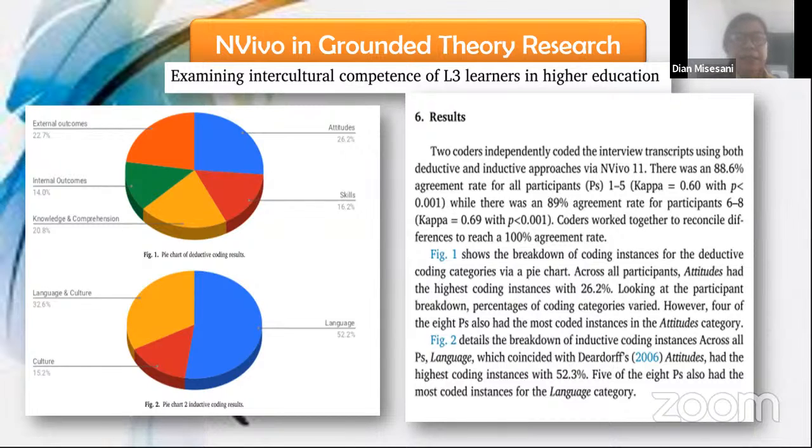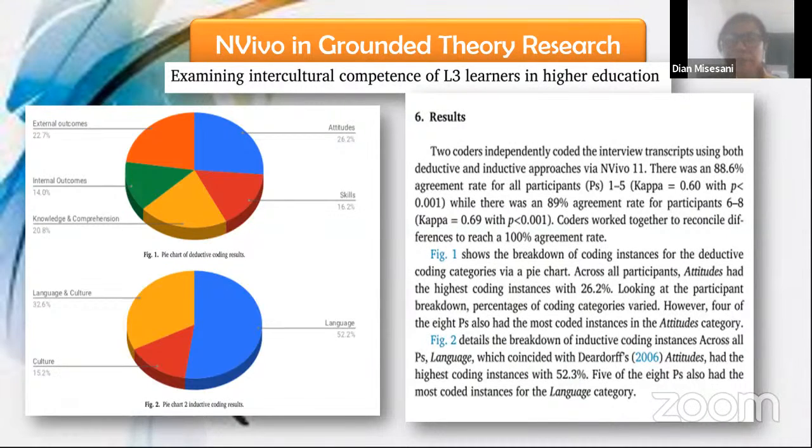These differences are measured by kappa, which is also provided by NVivo. So if there was 89% agreement, it means the coding data is reliable.